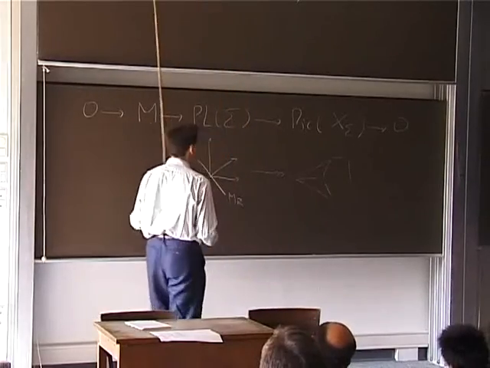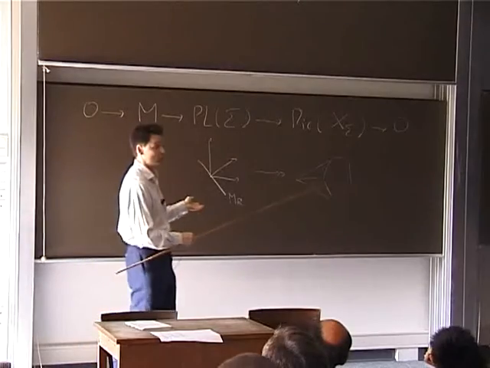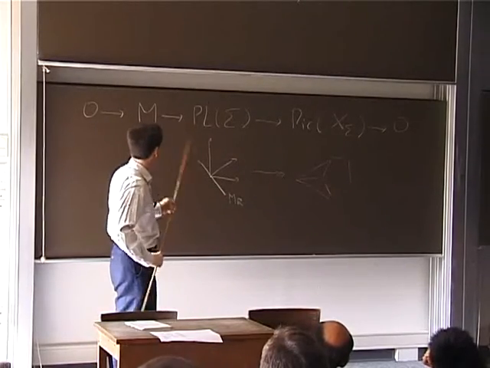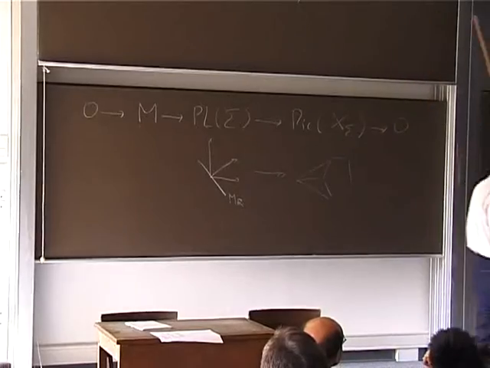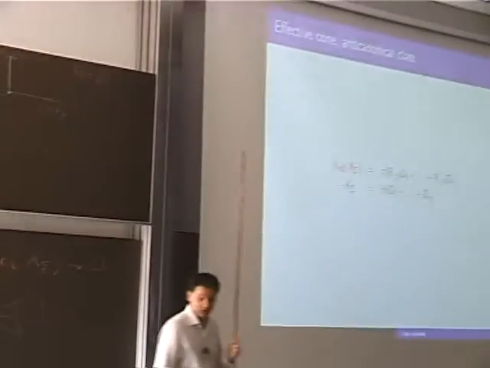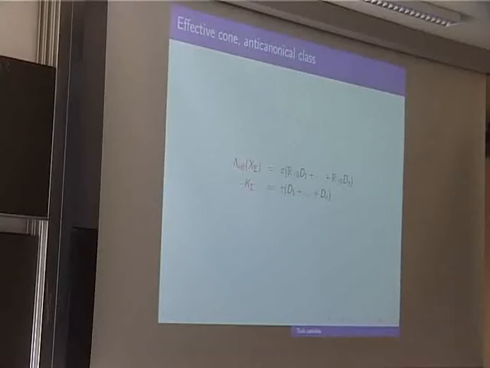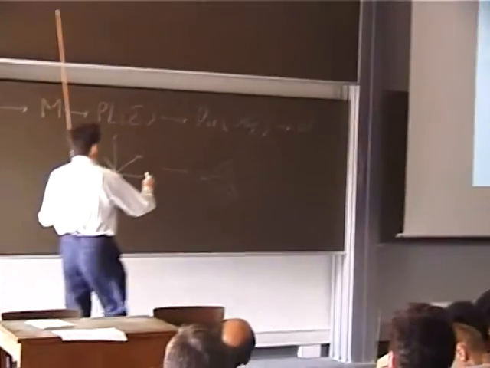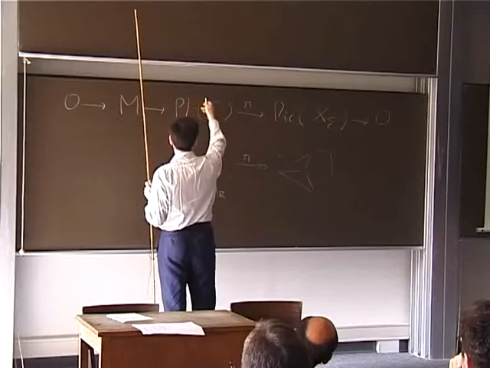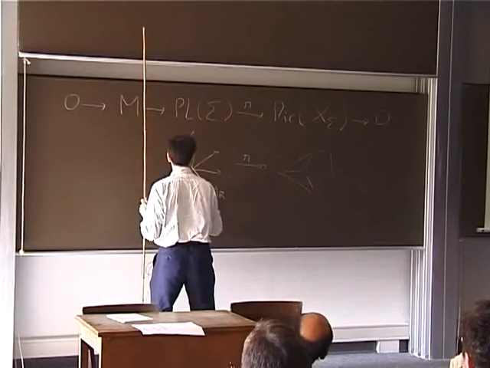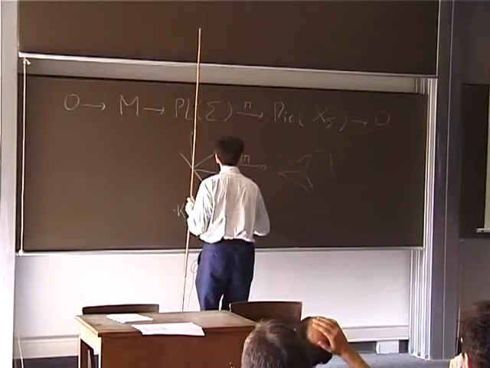So that's the picture. And as we discussed yesterday, you can get any cone you like, basically, by playing with different dimensions and actions. That's it. The anticanonical class is the image of the sum of the boundary components. So let's call this phi, and the anticanonical class is just phi of the sum of the boundary components.